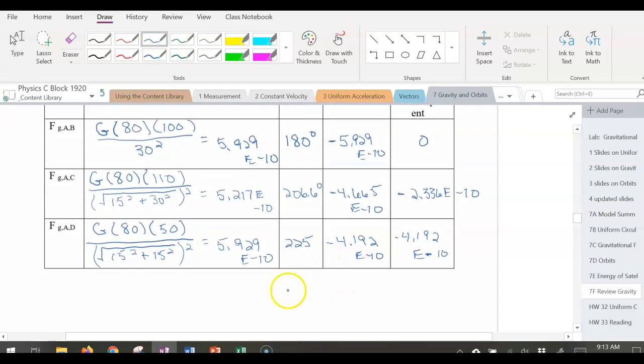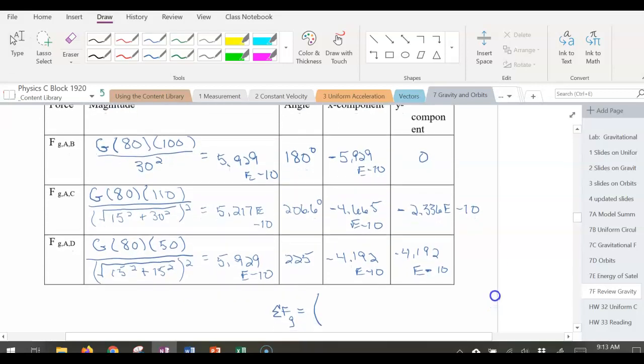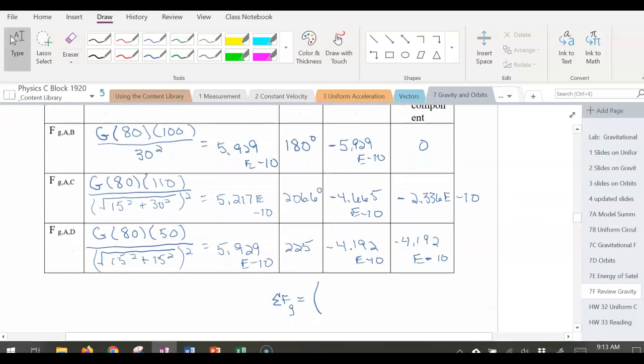Now I want to add them. So the net force, and this is the gravitational force, I'm going to add all of the x components, and then I'm going to add all of the y components.